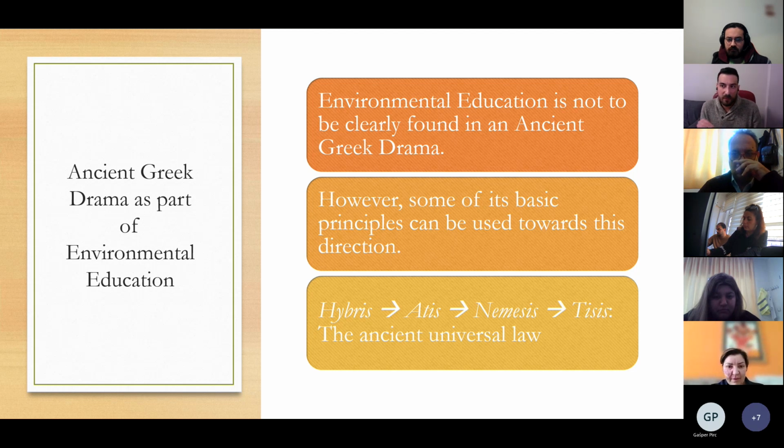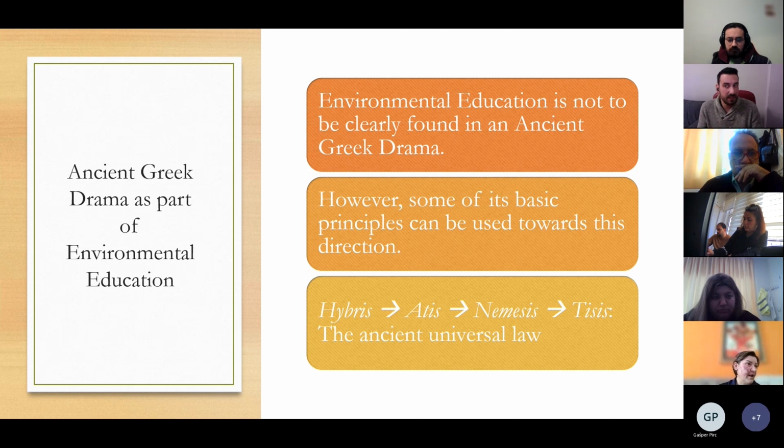However, some of its basic principles can be used towards this direction and can be included in an environmental class to make our students think about the consequences of our actions.